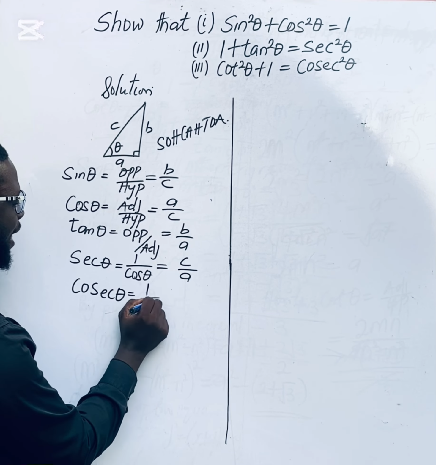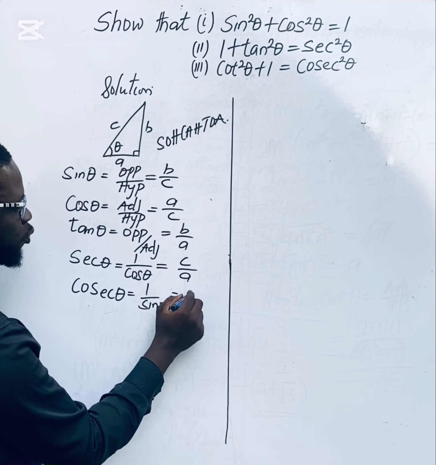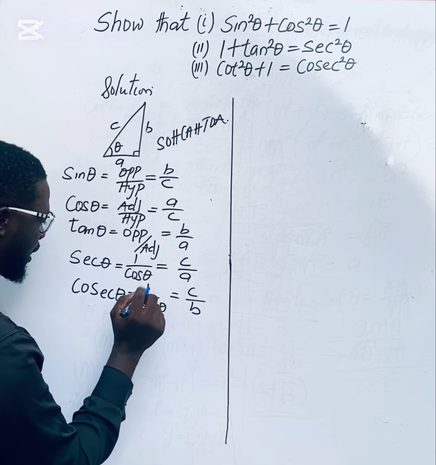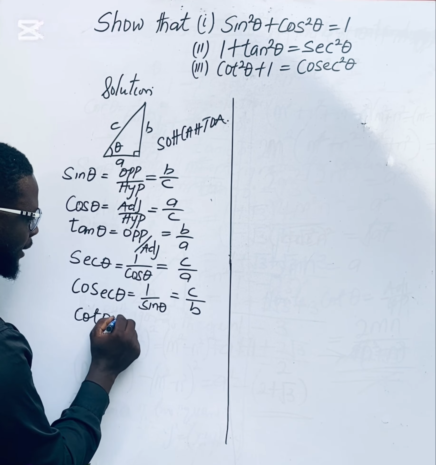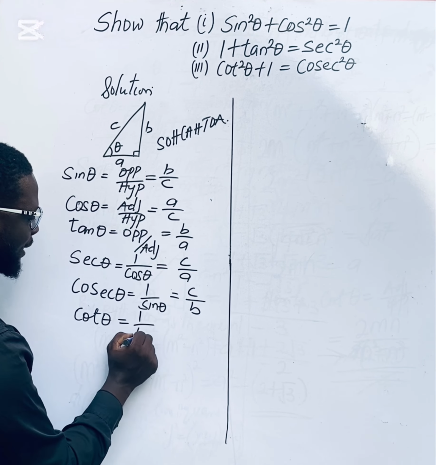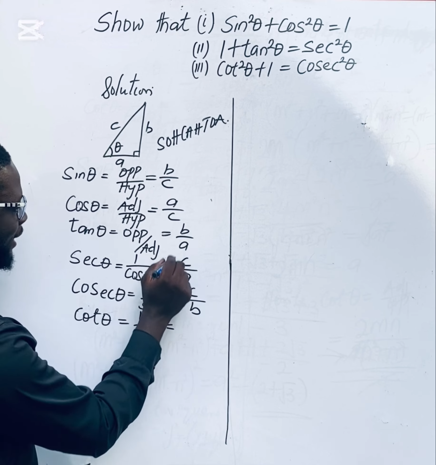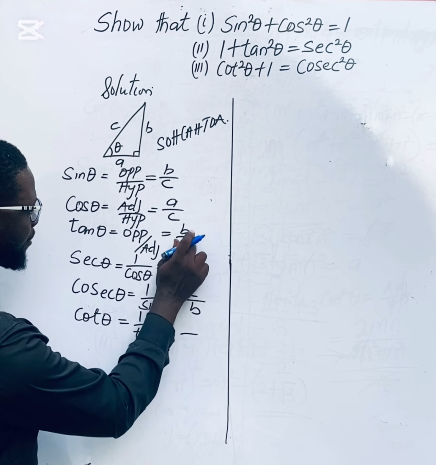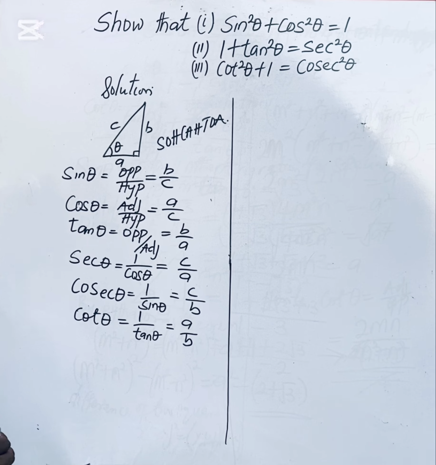This is 1 over sine theta. The inverse of sine theta is C over B. Okay. Then cot theta, that is cotangent. We have 1 over tan theta. So tangent is B over A, the inverse is A over B. Okay. All right, so we've gotten these values.